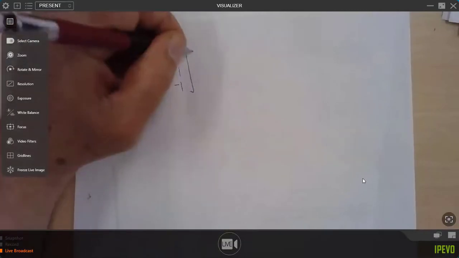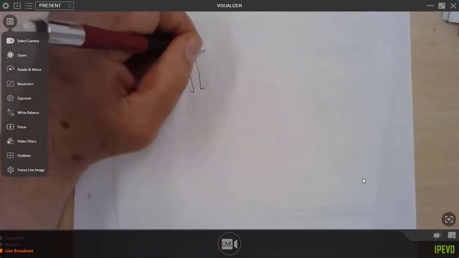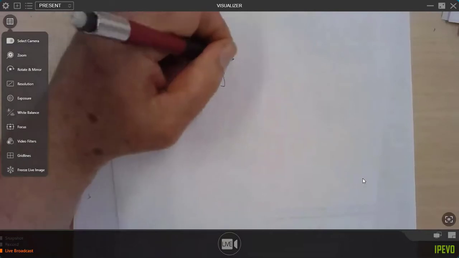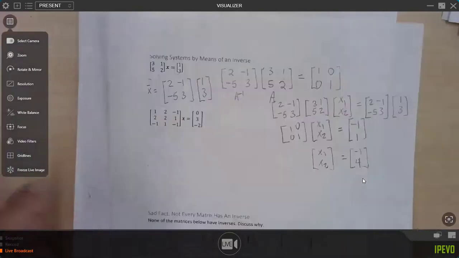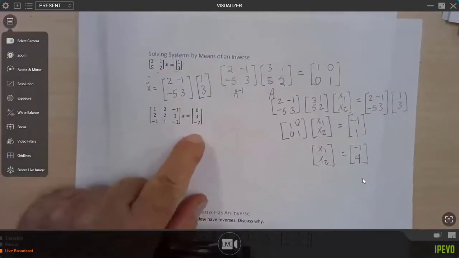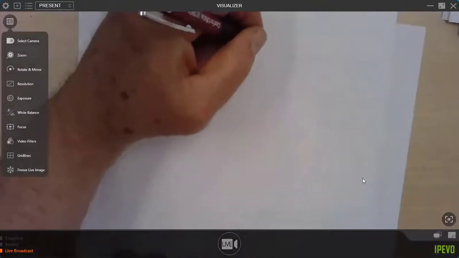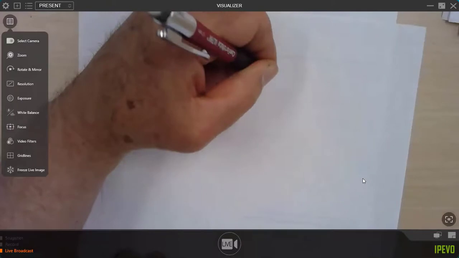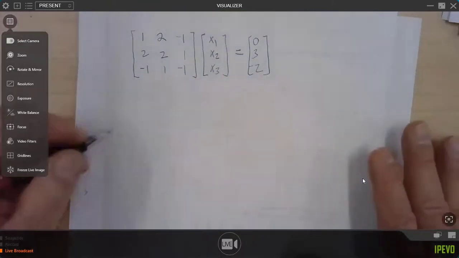That times the X vector is equal to 0, 3, minus 2. So how would you solve this by inverses?